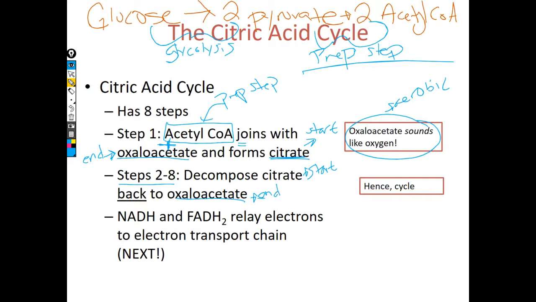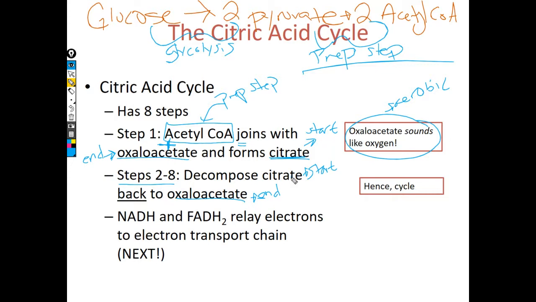The key is, we know that to get citrate, we added acetyl-CoA. How many carbons does acetyl-CoA have? 2.